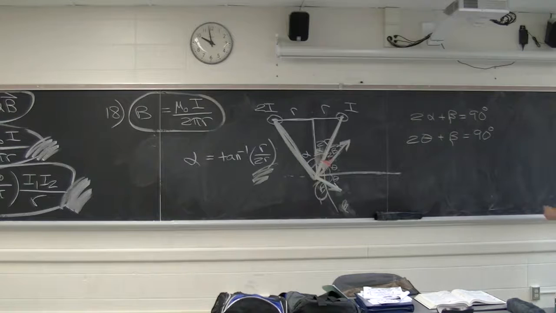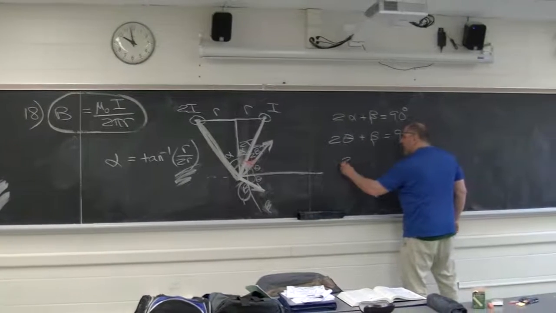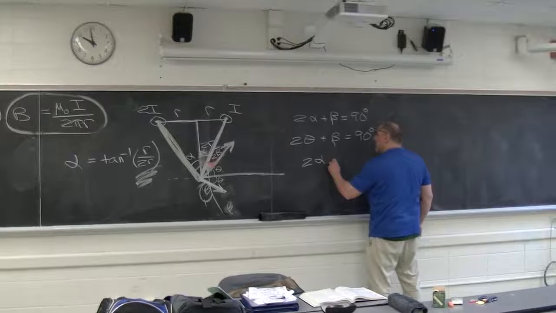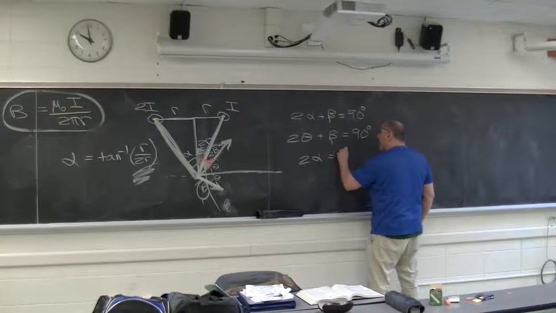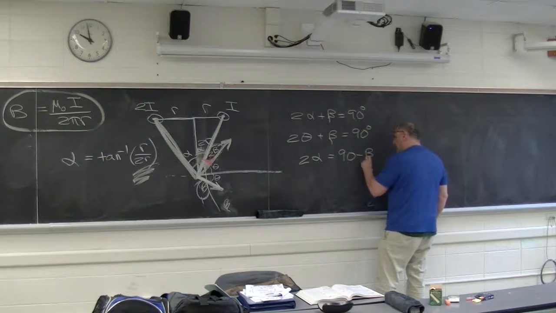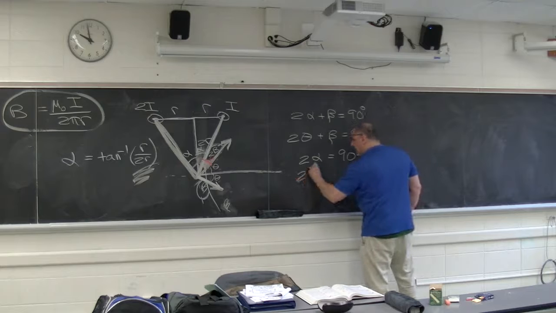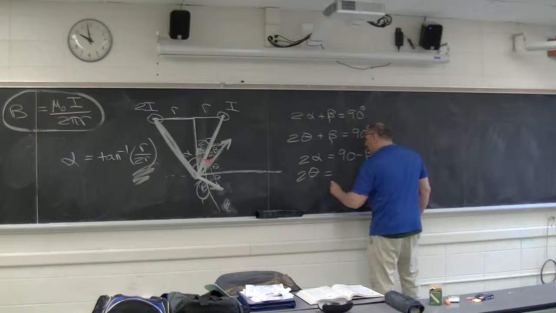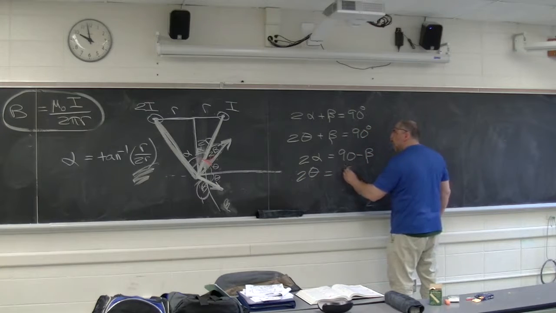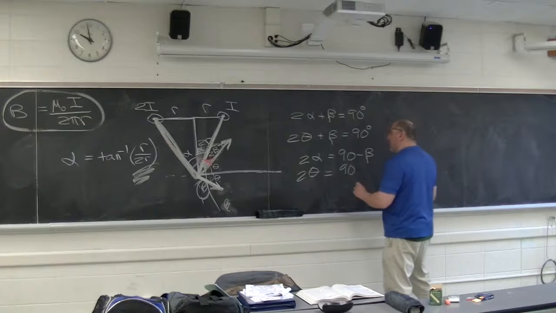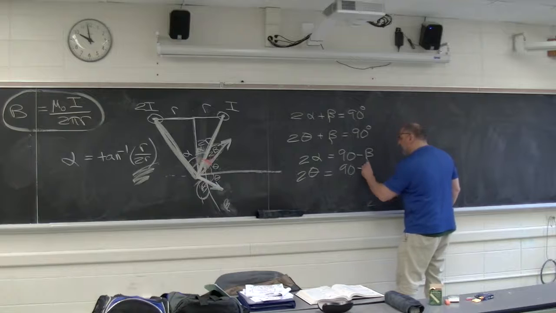I'm looking at this. 2 alpha equals 90 minus beta, and 2 theta equals 90 minus beta.